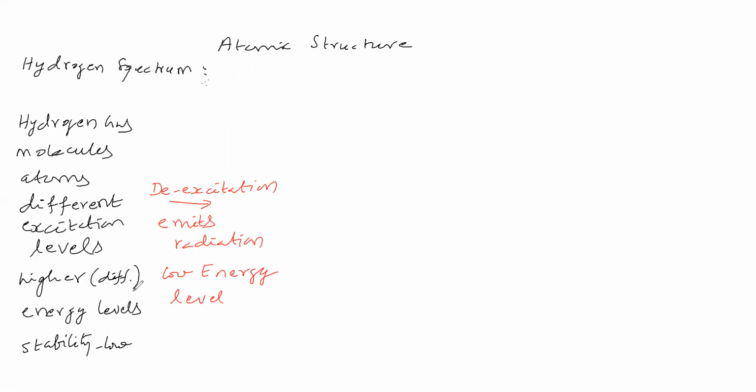Okay. Now you say that hydrogen electrons come to a lower energy level. Will all the electrons come to the same lower energy level, or are there different lower energy levels within the lower energy level also? Is it only one level, or different levels?